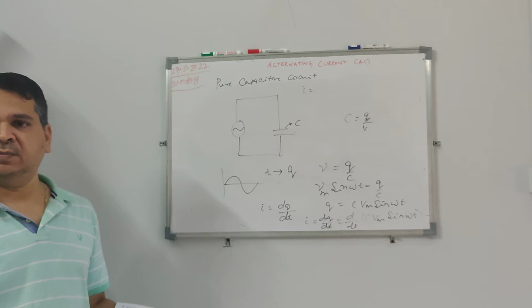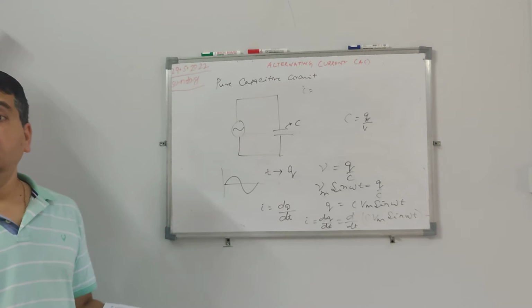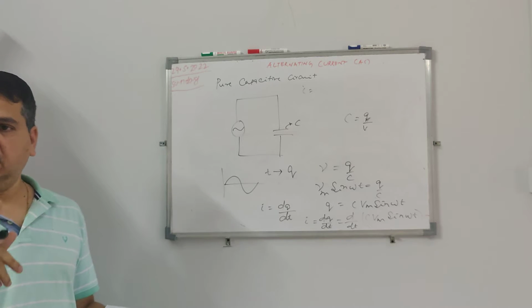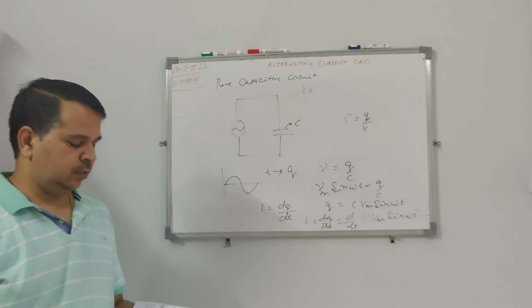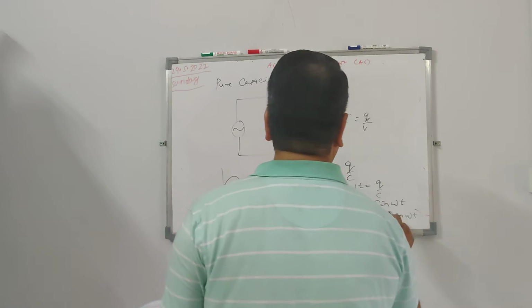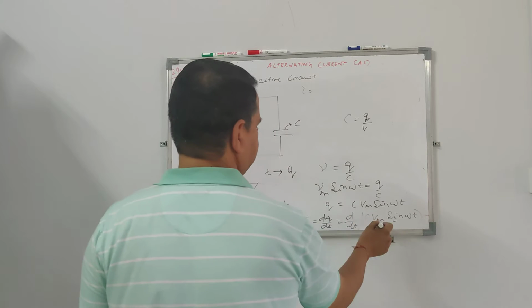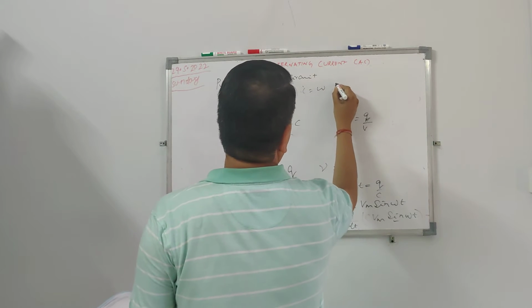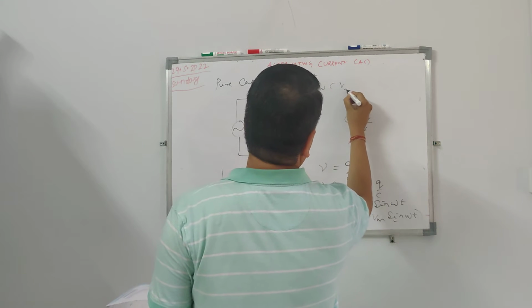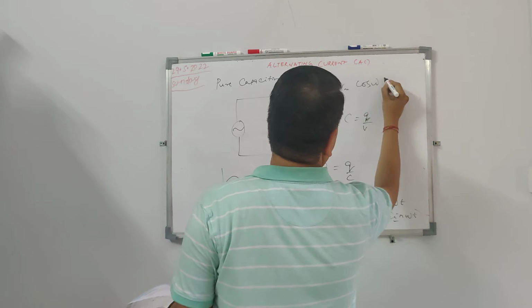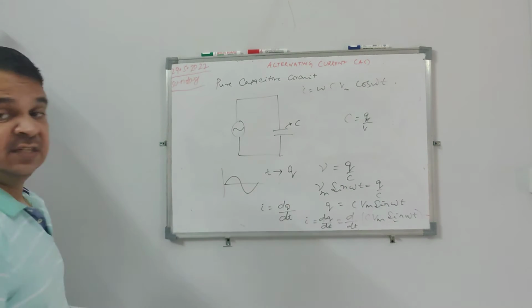What is the differentiation of sin omega t? Omega cos omega t. So the differentiation of sin omega t becomes omega into C into Vm into cos omega t. This is the instantaneous current.